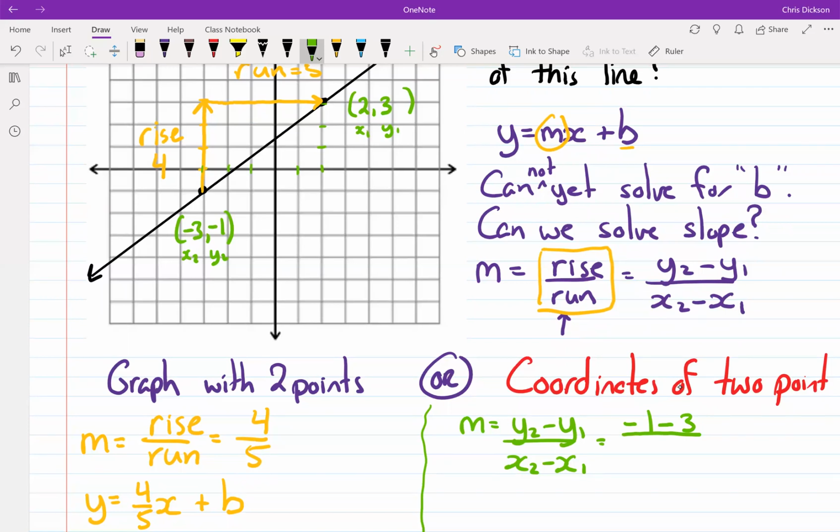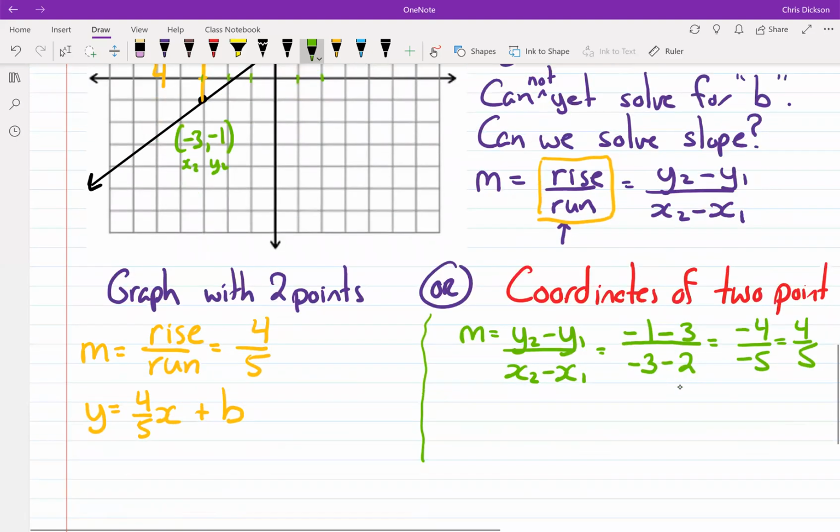And now I do x2, which is negative 3, and then I minus 2 from that. So the top gives me negative 1 minus 3 is negative 4. And then the bottom is negative 3 minus 2 is negative 5. And of course, the two negatives would cancel, giving us a slope of 4/5.